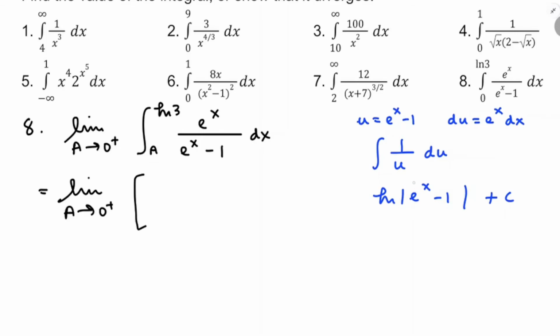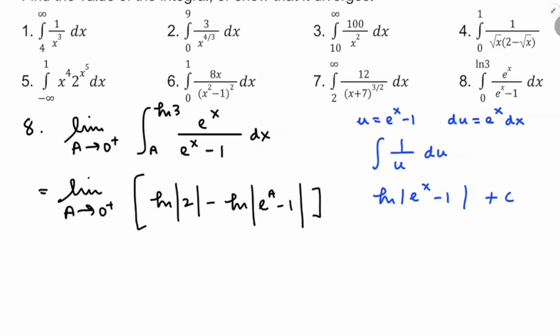Okay, when I plug in x equals natural log 3, log of e to the log 3, that's 3 minus 1 would be 2, minus natural log of e to the a minus 1.